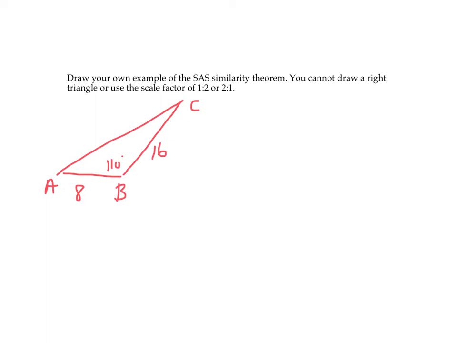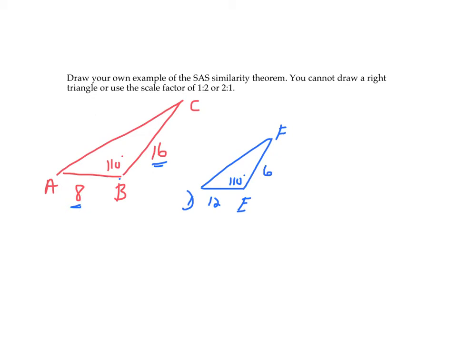So that's side, angle, side. Now here's my second triangle. Again, I'll keep it pretty easy. We'll call it triangle DEF. This angle is 110. This side is 12, and this side is 6.